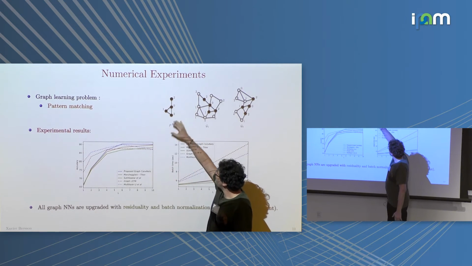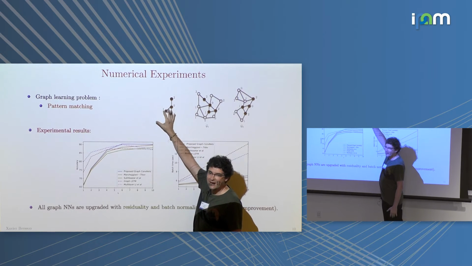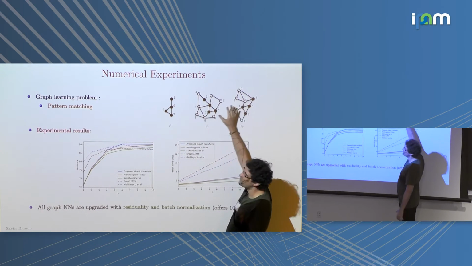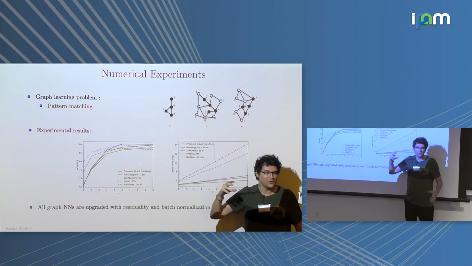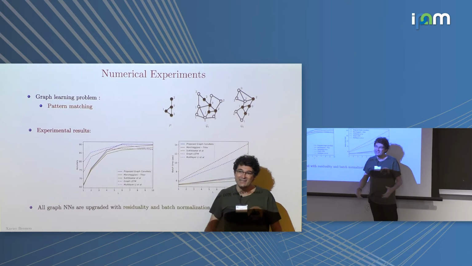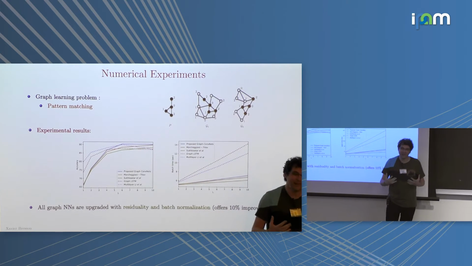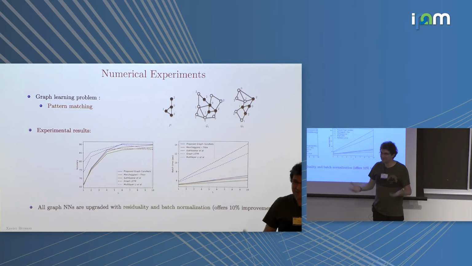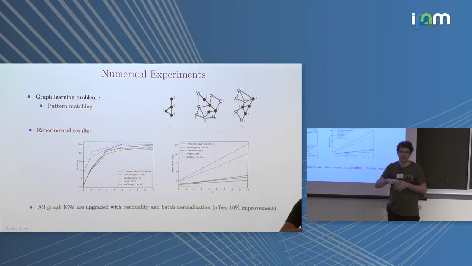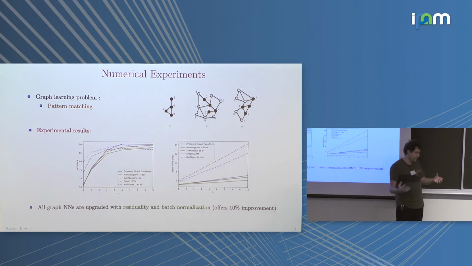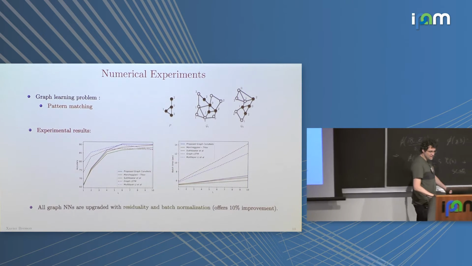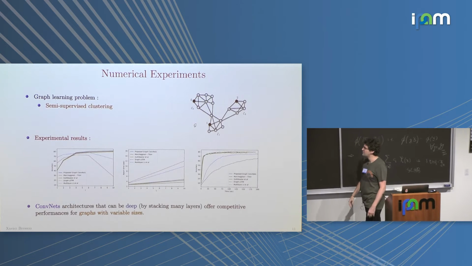You embed this graph into a larger one, and you want to be able to identify this graph. In some sense, this is the most basic graph pattern matching problem: find common features across big graphs. The same also goes for semi-supervised clustering.